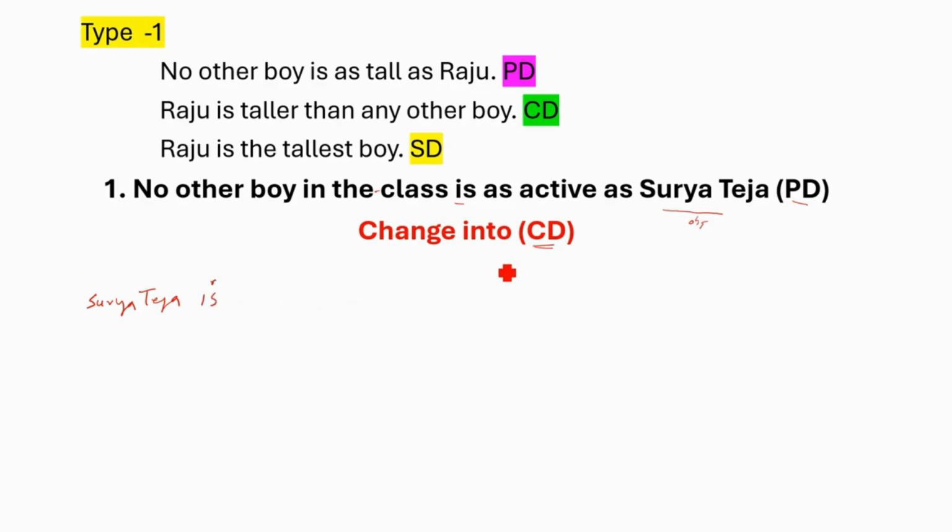Then the adjective they given, as active as: Surya Teja is more active than any other boy in the class. This is the comparative degree.